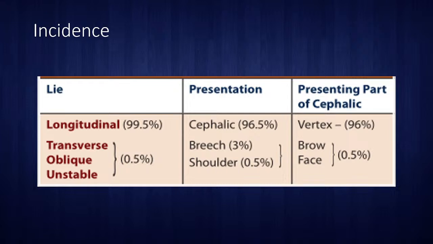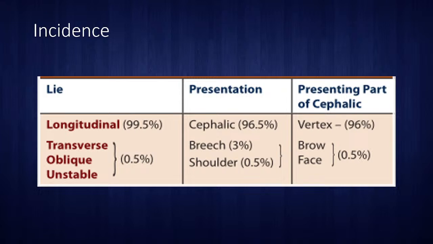So we are more concerned about the presentation and presenting part. Presentation is cephalic, that means the upper part of the head, the vertex, occupying the lower pole of the uterus. Then second is breech, the lower pole of the fetus occupying the lower pole of the uterus. Then shoulder.